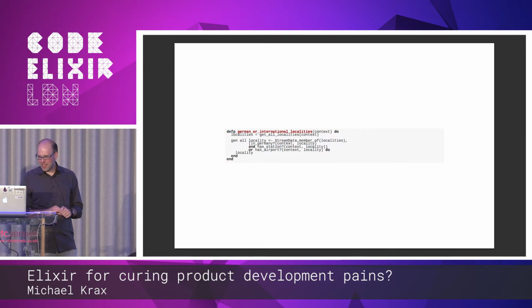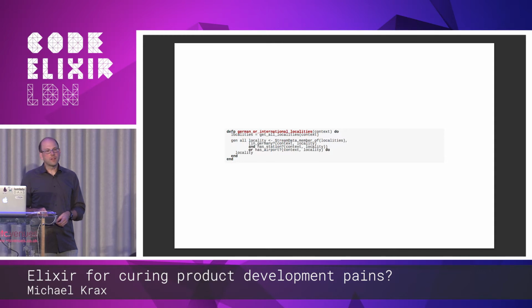Let's look at the stream data, which is actually in the next function. So again, we just take localities and then check if they are in Germany and have a station, or if they have an airport.